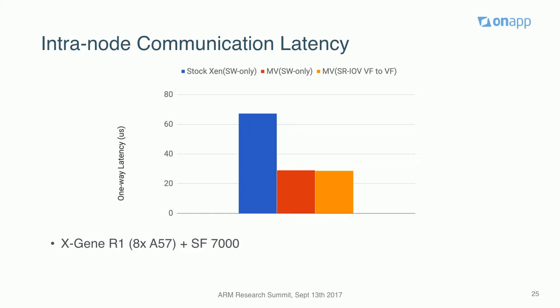The network I/O latency in particular is something that we've focused on. These results were gathered on some X-Gene boards, so this was before we had the latest KMax system. We did some measurements comparing a standard virtual machine running on Xen on the same hardware, against the virtualized I/O path using our modified Xen-like hypervisor, and also against a comparison point here, a Solarflare NIC where we map virtual functions directly through to guest VMs.